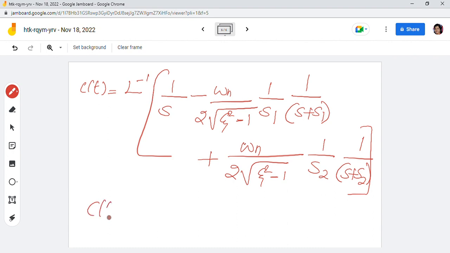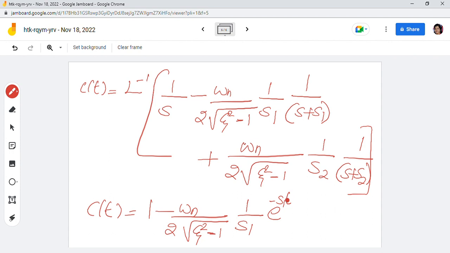Now c of t will be equal to 1 minus omega n by 2 root of eta square minus 1 by s1 e raised to minus s1 t plus omega n by 2 root of eta square minus 1 by s2 e raised to minus s2 t.